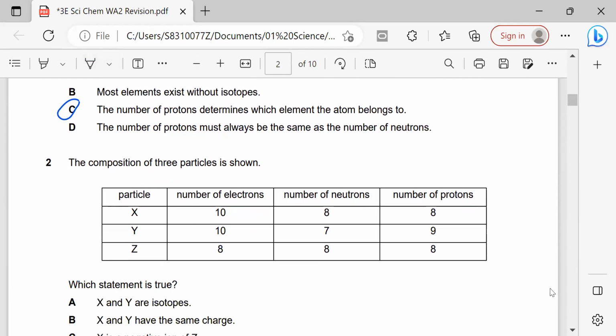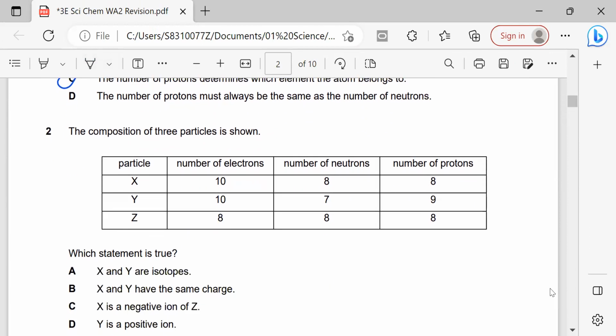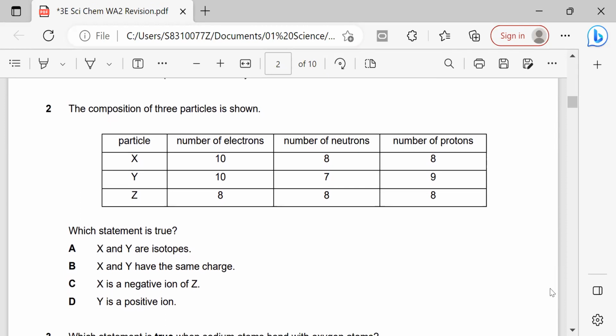Now, for question number 2, you are given this table where there are 3 particles, X, Y, and Z. And in this particular table, you have got more information, such as the number of electrons, neutrons, as well as protons. Based on the table that you are given, you have to decide which of the 4 statements is the true statement.